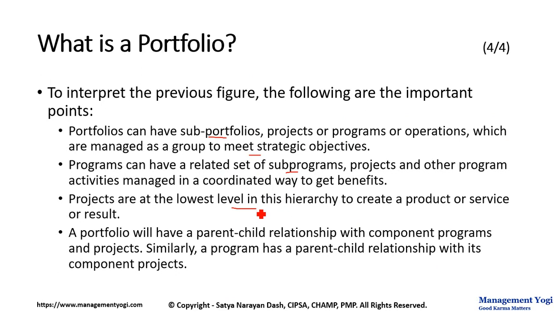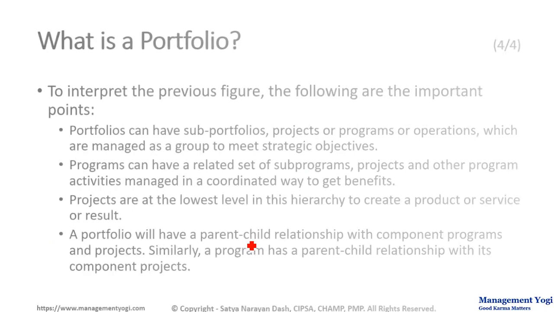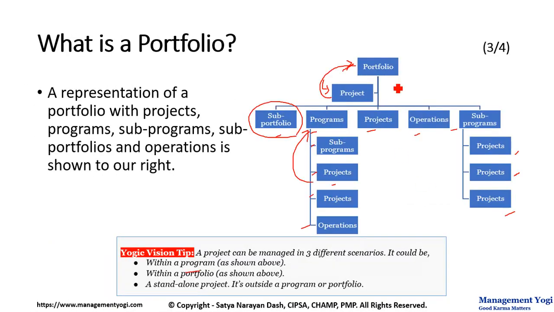A portfolio will have a parent-child relationship with component programs and projects. This is significant. So there is a parent-child relationship. Similarly, a program will have a parent-child relationship with its component projects. So here going back, you can see the portfolio has a parent-child relationship. This is the parent, this is the child, or this is the parent, this is the child.